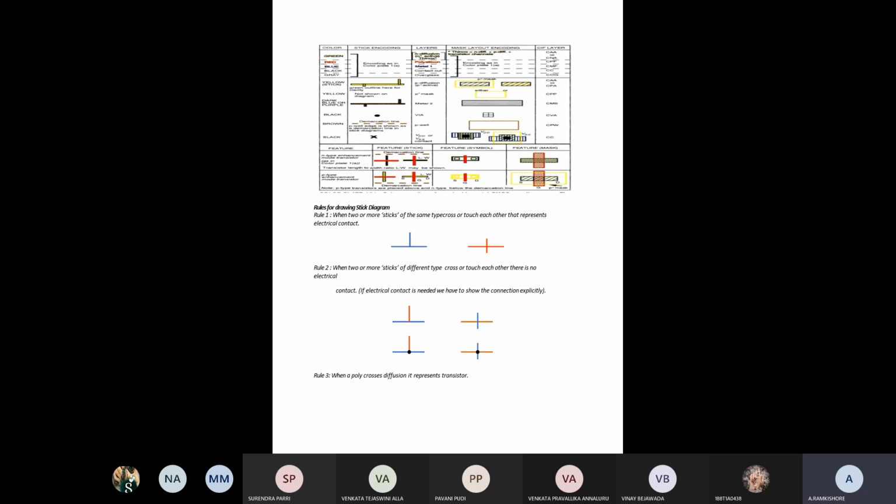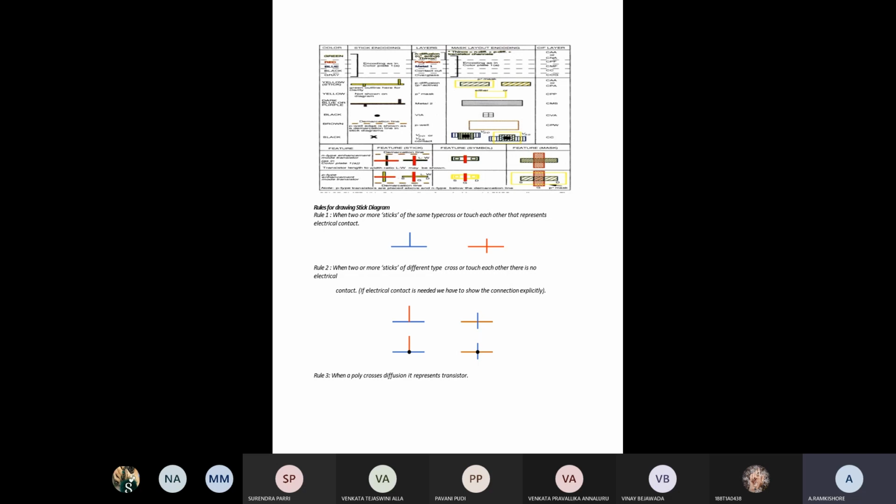So the N-type MOS transistor will be indicated in terms of green color and the red polysilicon color. Whenever these two colors cross one another, then we say NMOS transistor.